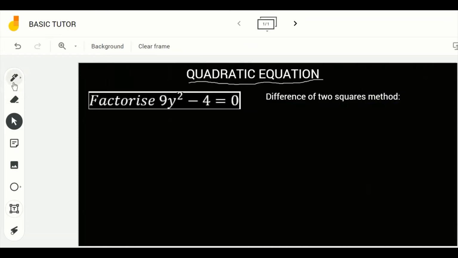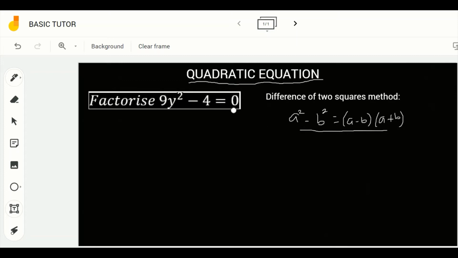It states that if I have a question in this form, let's say I have a squared minus b squared, these can be written as a minus b times a plus b. Now this is the difference of two squares method.